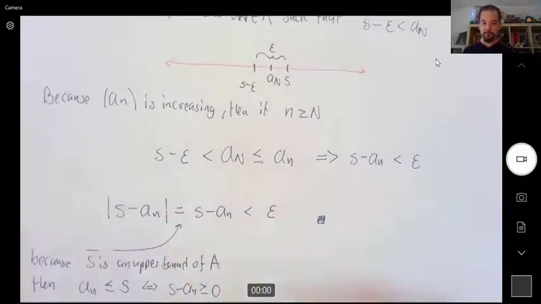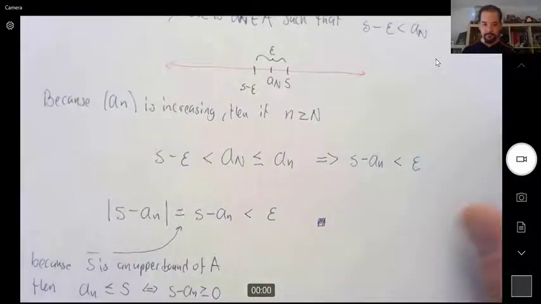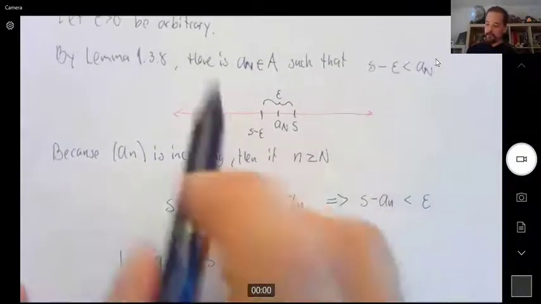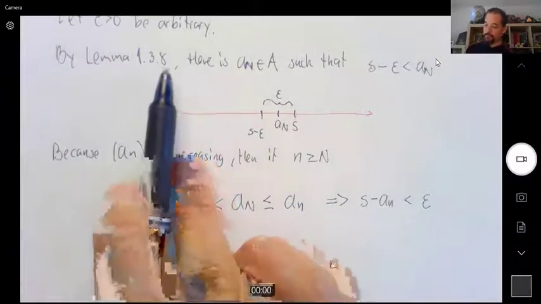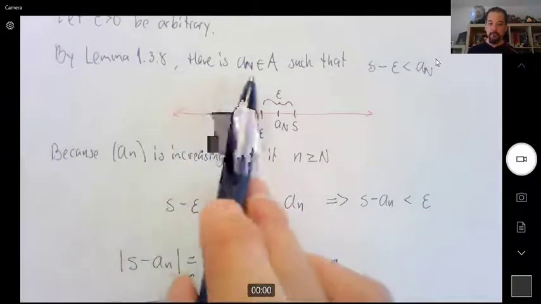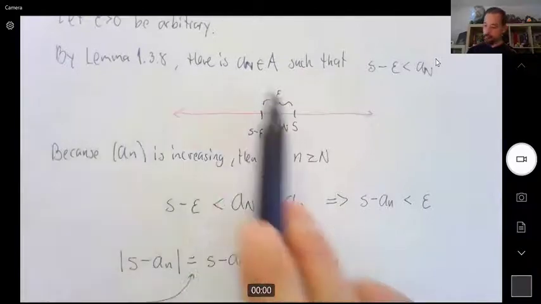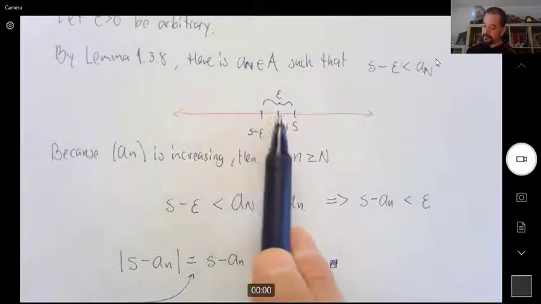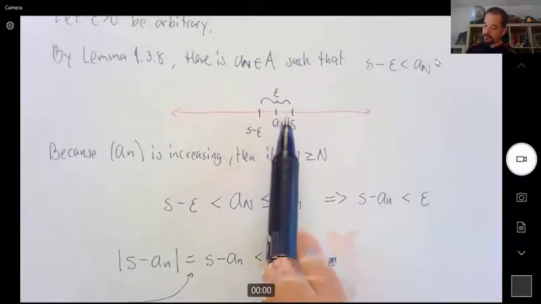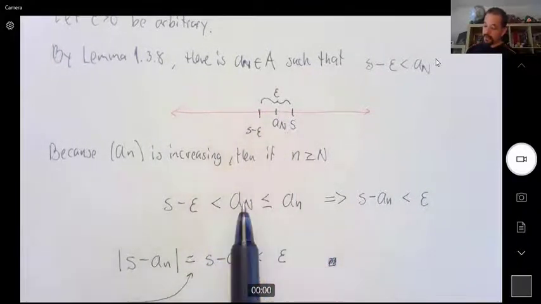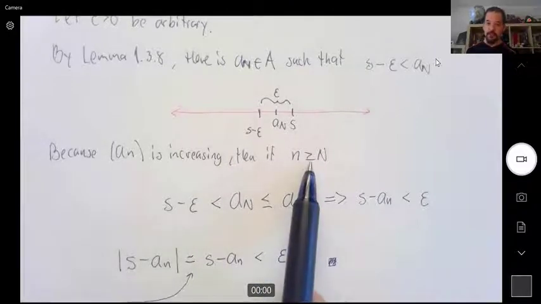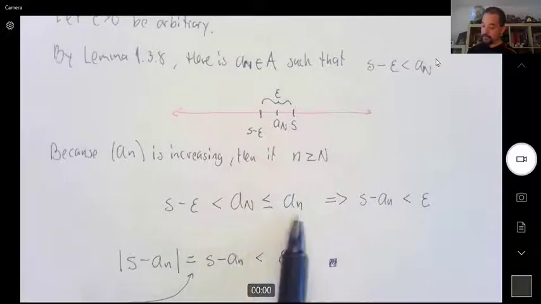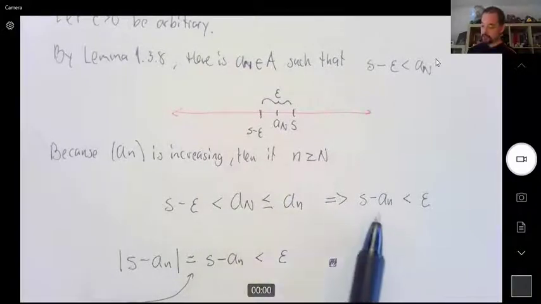What did we prove? We started with the sequence. Using the supremum, we used lemma 1.3.8 for a given epsilon to find the capital N. That capital N is the one we're going to use. If we take any little n bigger than that capital N, then this inequality happens, and that implies that S minus a_n is smaller than epsilon.